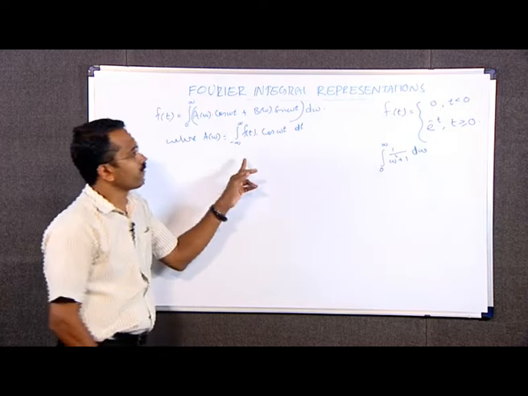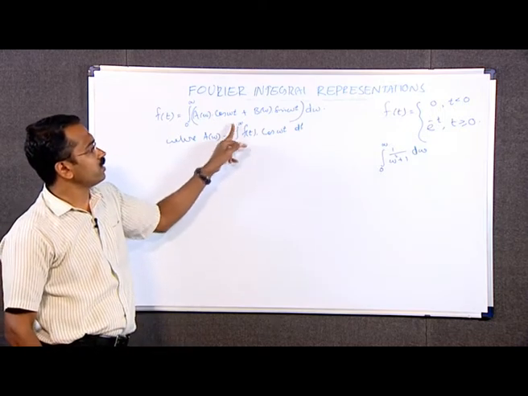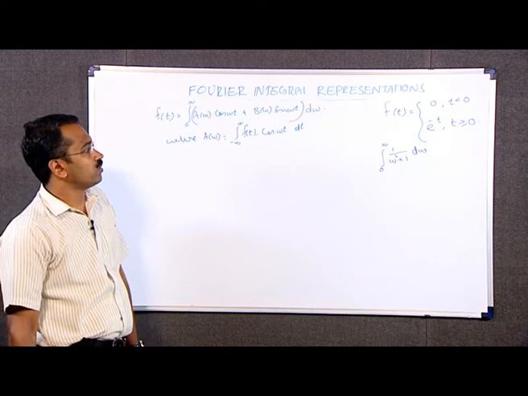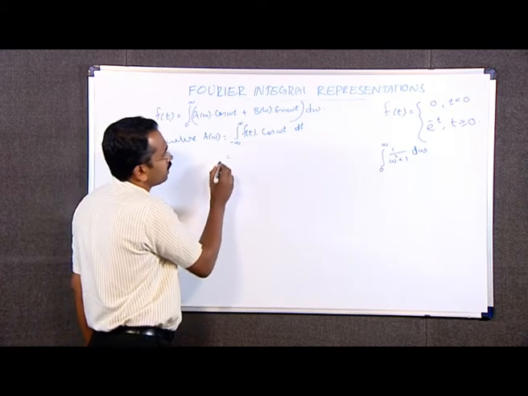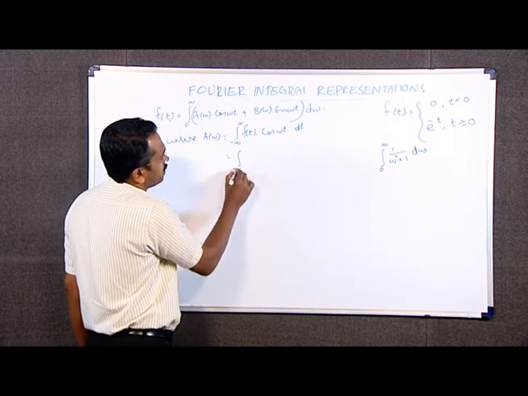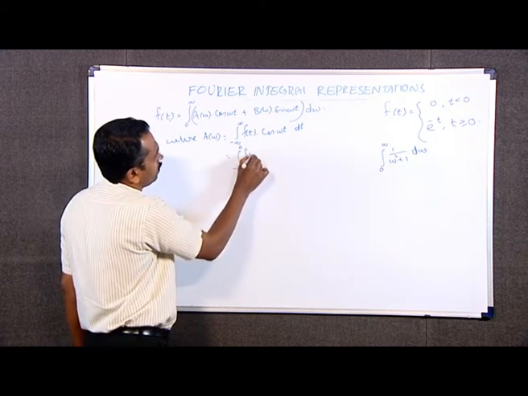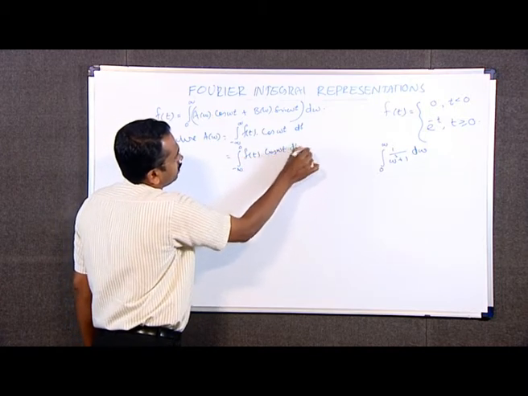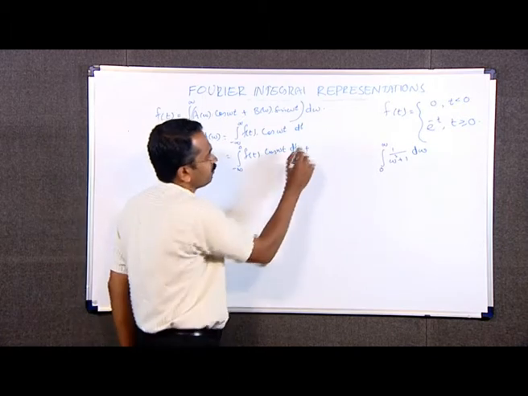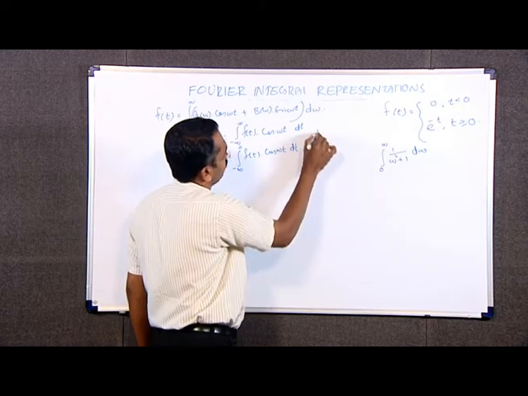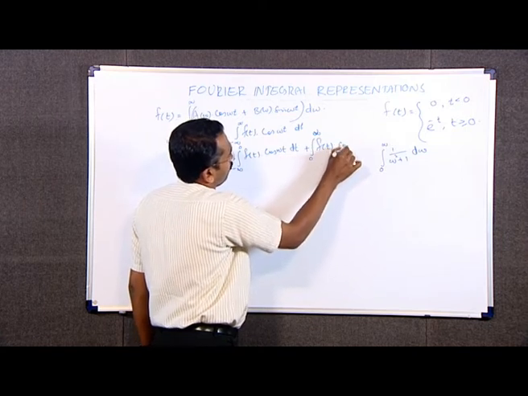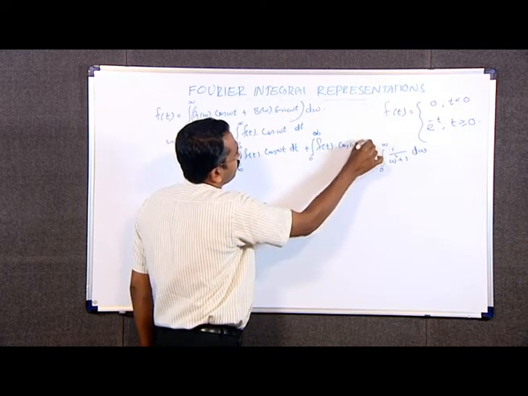Therefore, we can split this total limit into two, that is equal to integral from minus infinity to 0 f of t into cos omega t dt plus integral from 0 to infinity f of t into cos omega t dt.